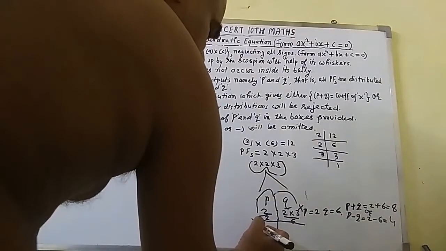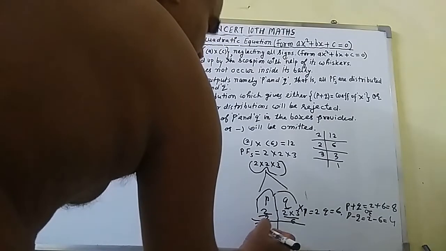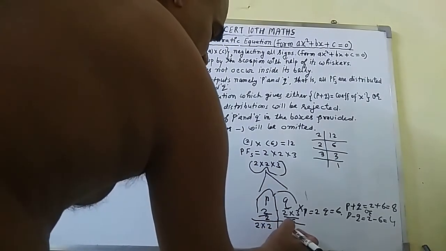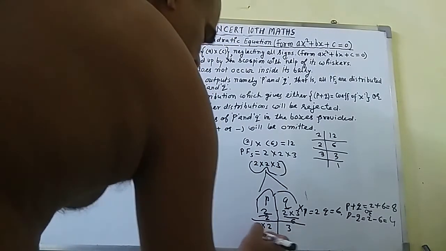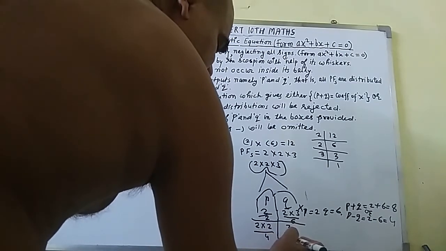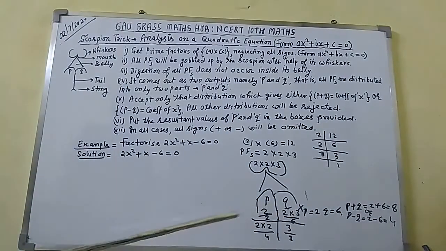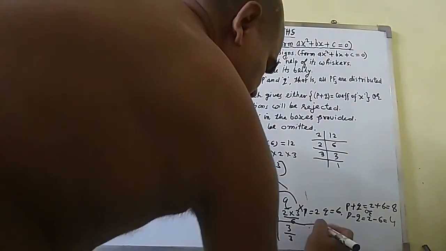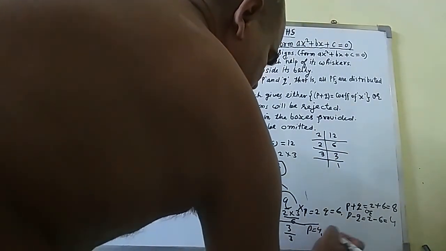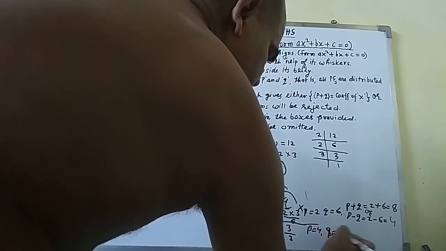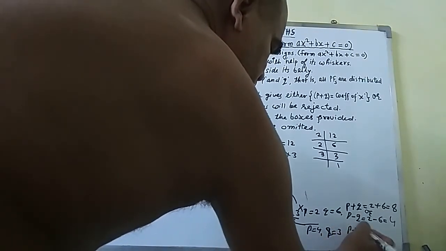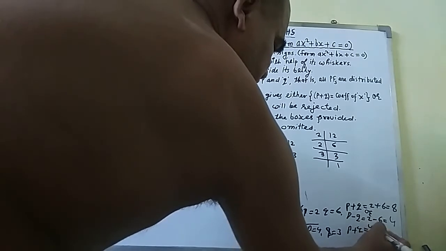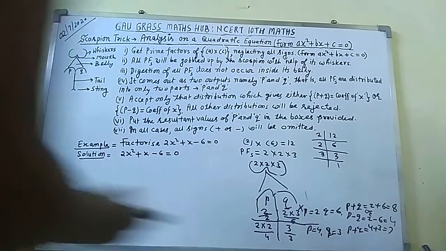Next distribution, if you do here 2 into 2, here you put 3, here it will become 4, here it will become 3. Now 2 into 2 becomes 4, 3 equal to 3. Now the value of P equal to 4, Q equal to 3. P plus Q equal to 4 plus 3, you will get 7.